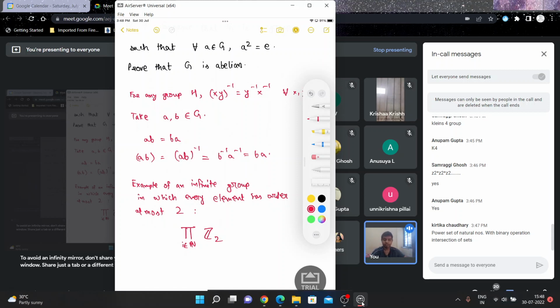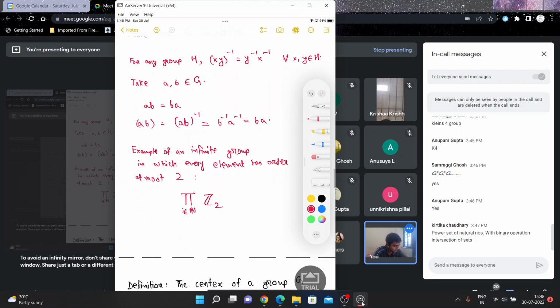But you can definitely improve your example, and instead of this, you can take the power set of n with symmetric difference operation. The screen has frozen, I don't know why, let's give this a moment.